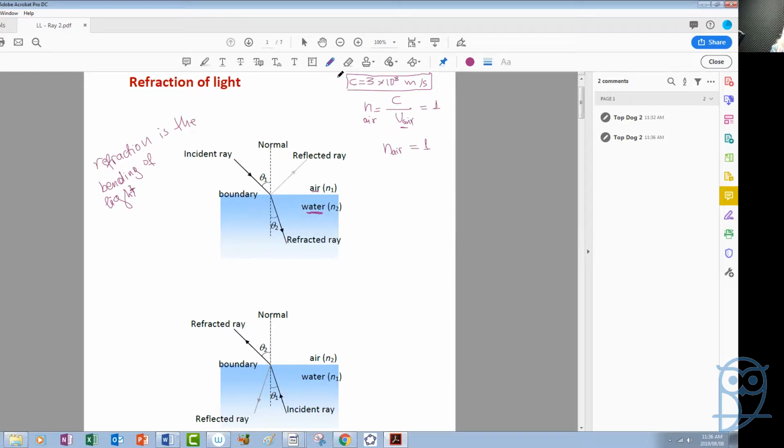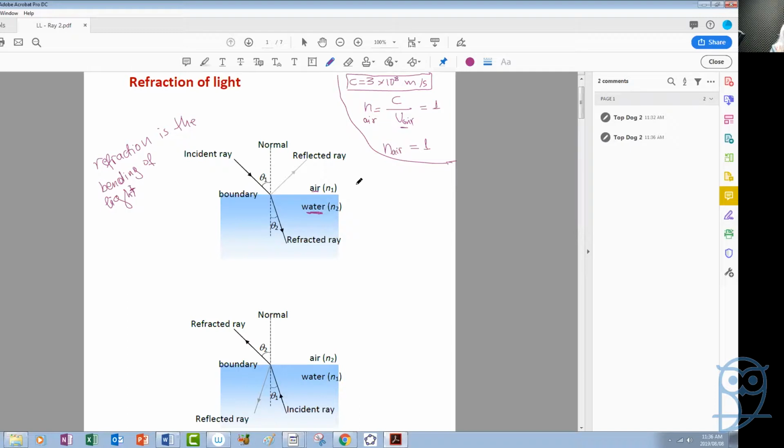But for any other medium like water or glass or different types of glass or perspex or whatever other things are transparent. Of course, the media have to be transparent to allow light to travel in. For any other transparent medium, the index of refraction is more than 1.